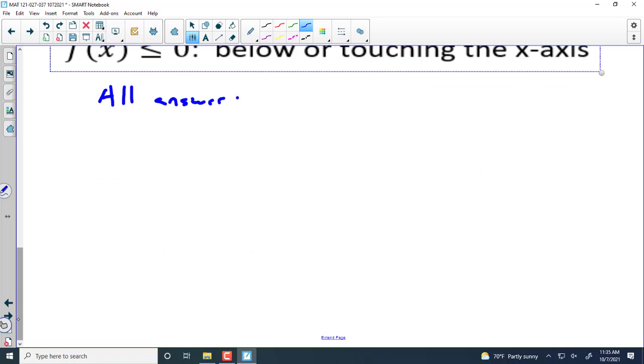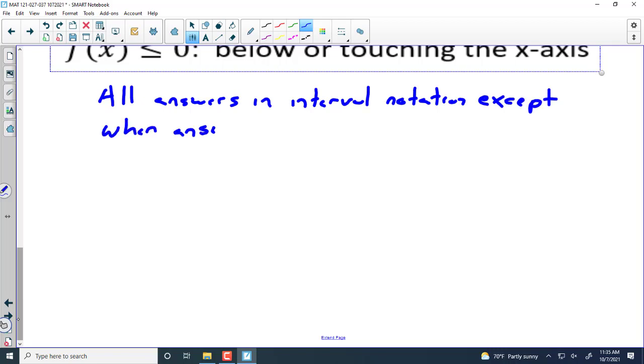All answers in interval notation except when the answer is a single number. That could happen, everyone, if a graph touches and then turns around. So it doesn't actually go below.